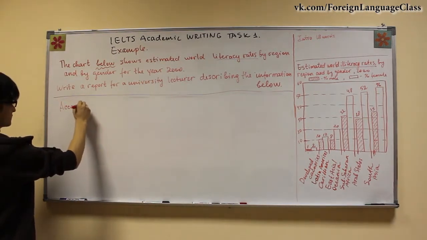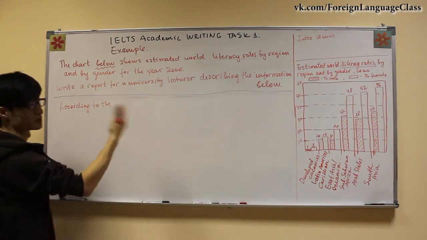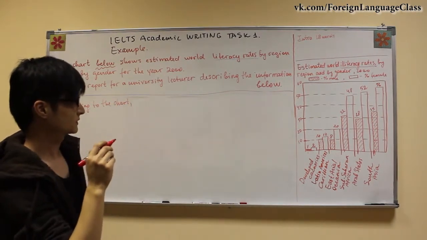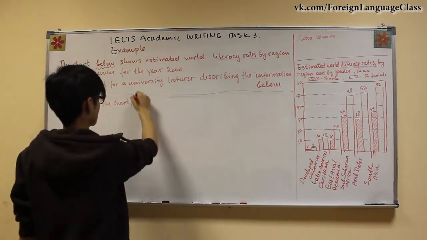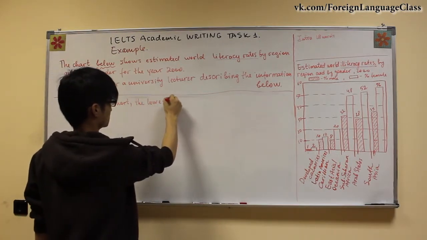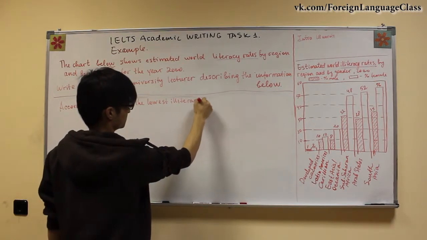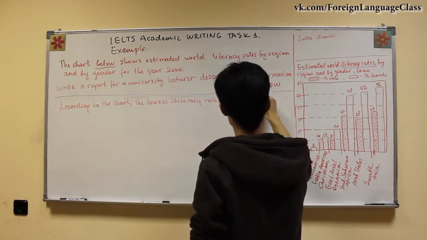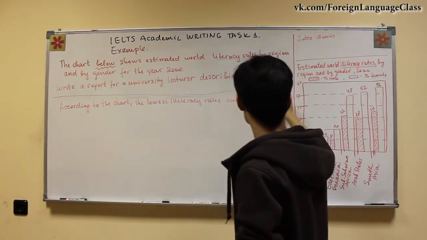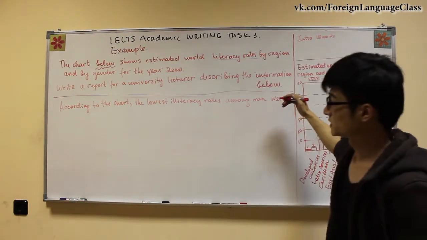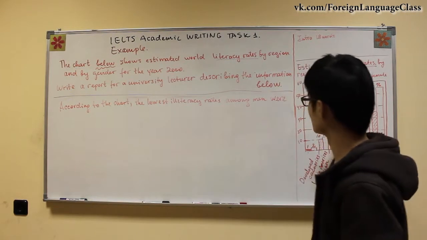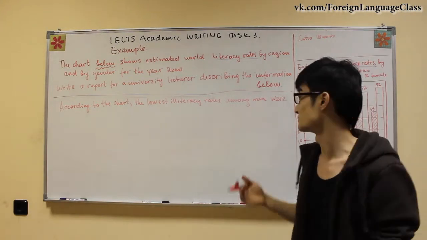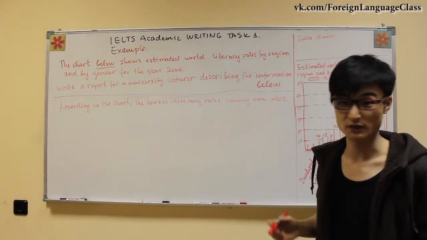According to the chart, since we are describing the chart, the lowest illiteracy rates among men were, we use past simple as the information is given for the year 2000. It was 15 years ago, so it's in the past. That's why we use past simple.